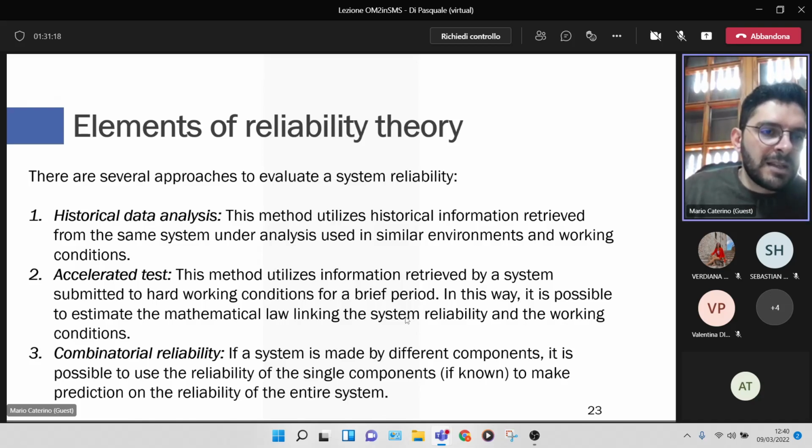Using accelerated tests instead allows us to obtain such data in a very small time period, by operating some very hard tests on the components.